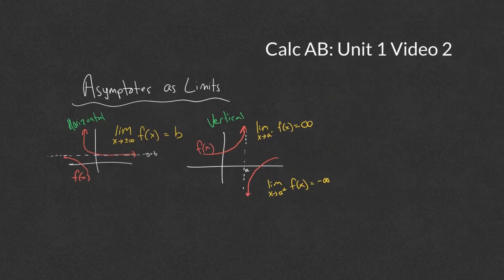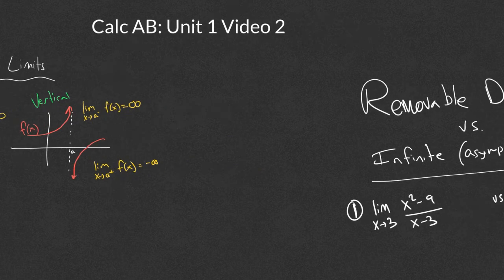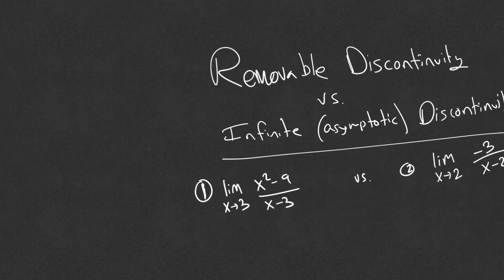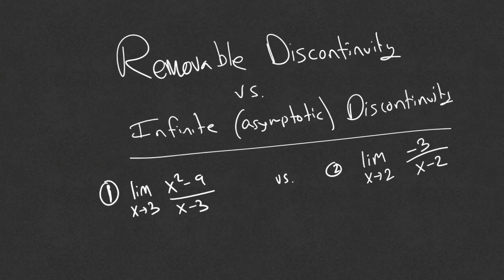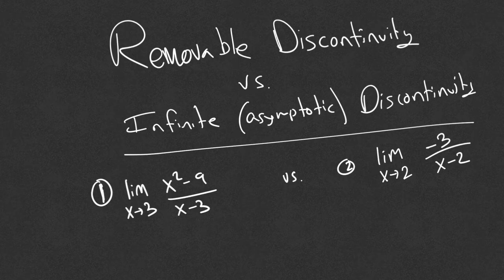Then, when we start to talk about some of this algebraically, we get a couple of vocab words, particularly a removable discontinuity, and then an infinite or asymptotic discontinuity, which we just saw in that last problem. So I've got two limits here.